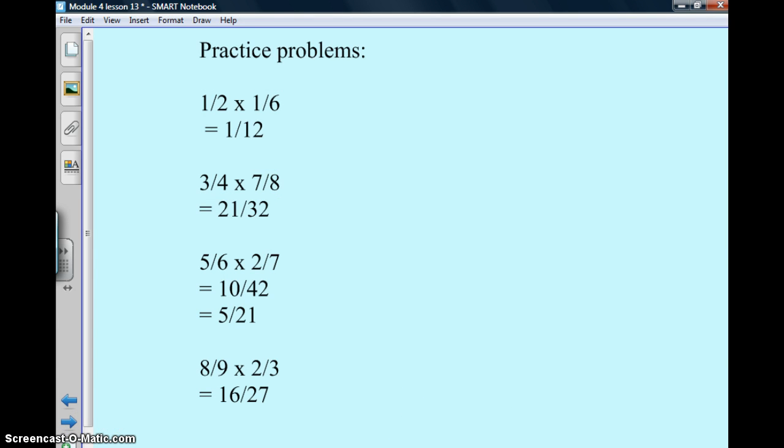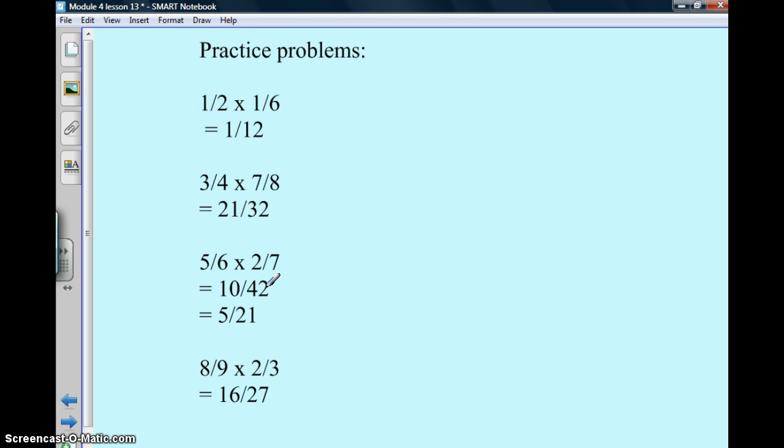So here we're going to just do some practice problems because this really isn't anything that is very involved. So 1/2 times 1/6 equals 1/12 because 1 times 1 is 1 and 2 times 6 is 12. 3/4 times 7/8 is 21/32 because 3 times 7 is 21 and 4 times 8 is 32. 5/6 times 2/7 is 10/42 because 5 times 2 is 10 and 6 times 7 is 42.